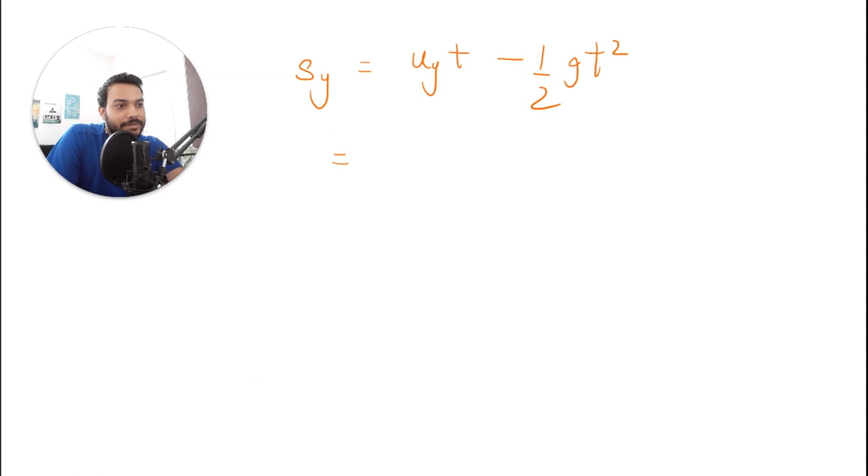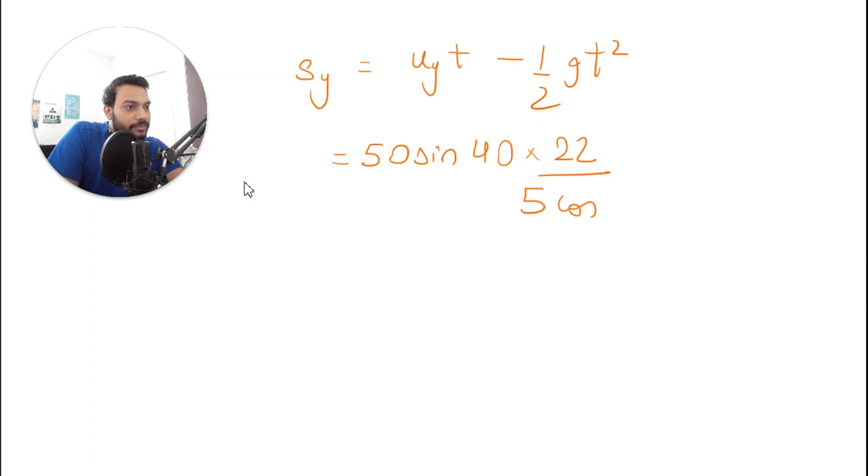Uy t is 50 sine 40 t, and t is 22 over 5 cos 40 degrees, like we obtained in the last slide, minus half g, 9.8, t squared. We'll put the value later on.